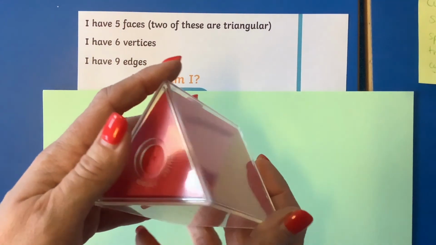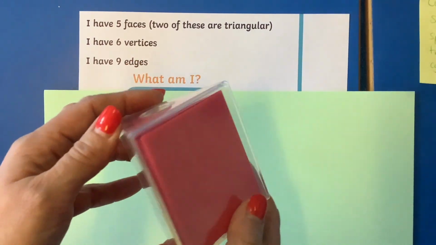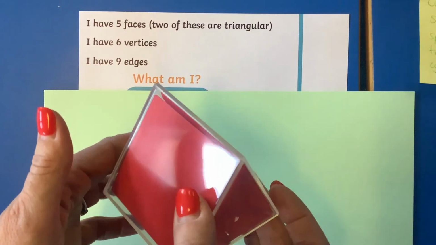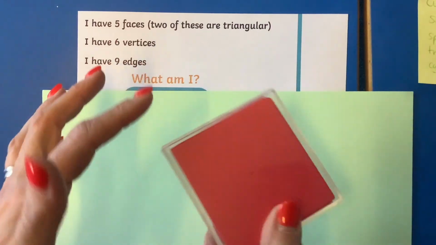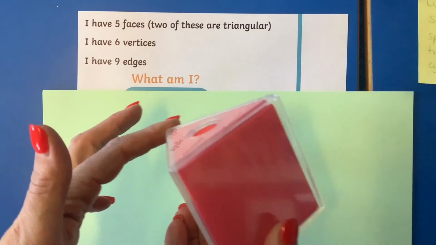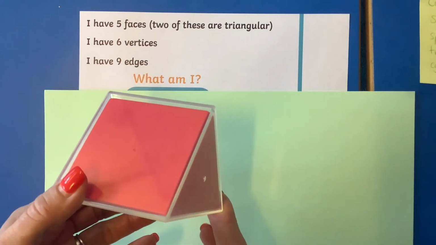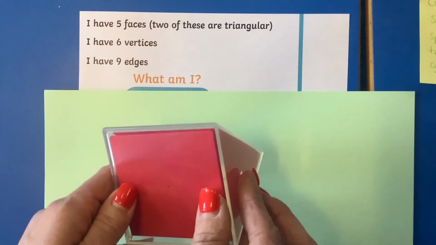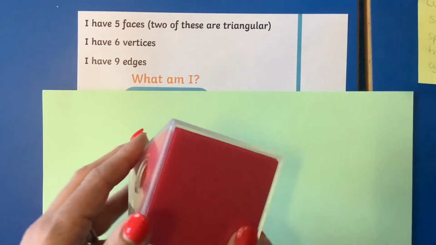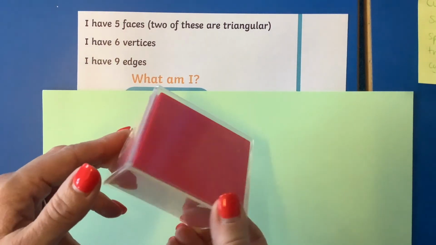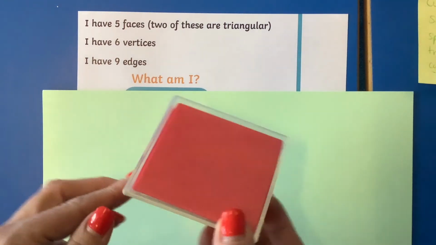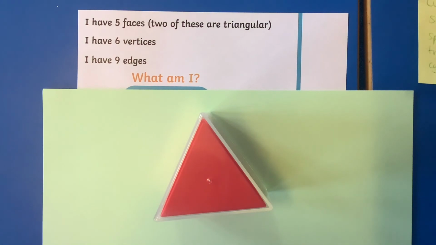I'm a triangular prism. Let's count the vertices. 1, 2, 3 on that end, 4, 5, 6. This one reminds me of a tent shape. So that is a triangular prism.